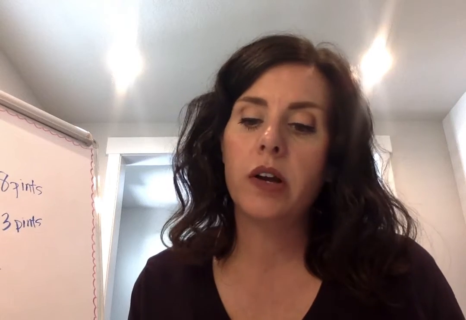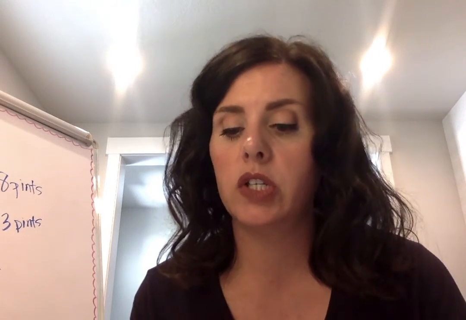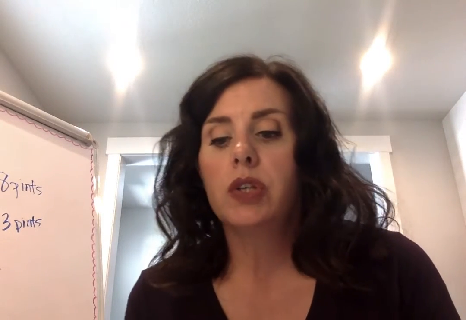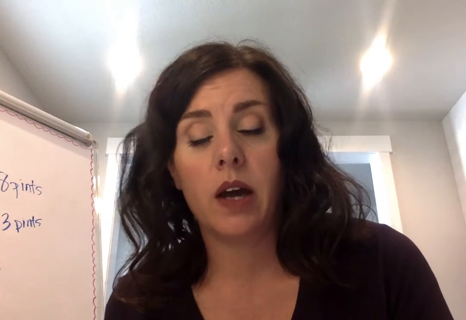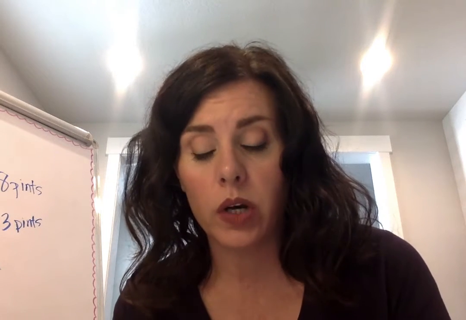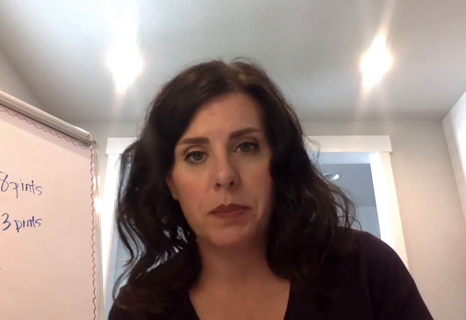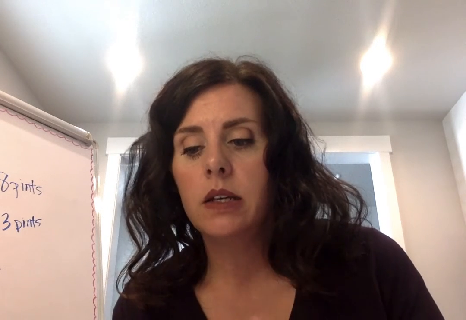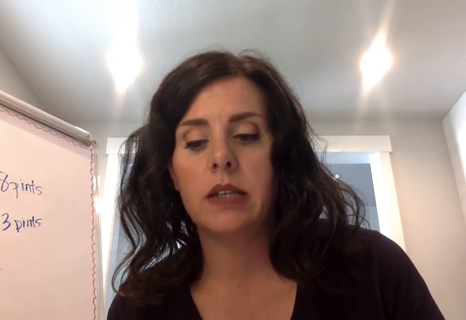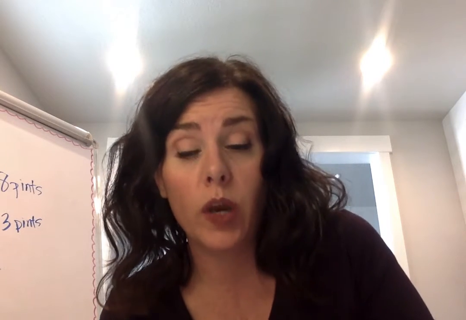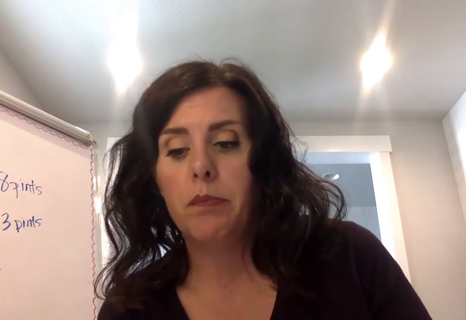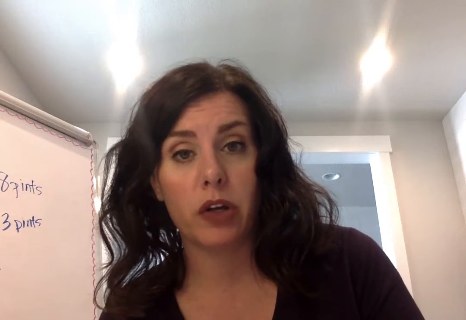Okay, so for our example 1, it talks about converting to a smaller unit. So quarts are bigger than cups. If I have 12 quarts, how many cups would I have? It's also giving us a hint that to figure that out, we're going to multiply because we will need more of the smaller units.